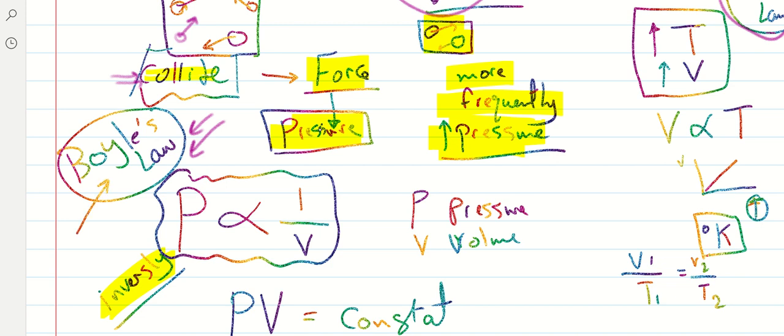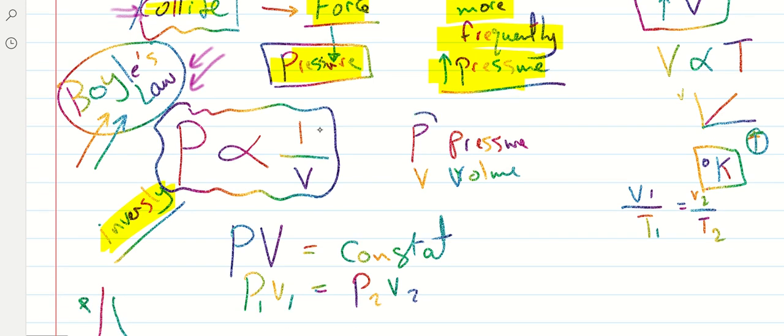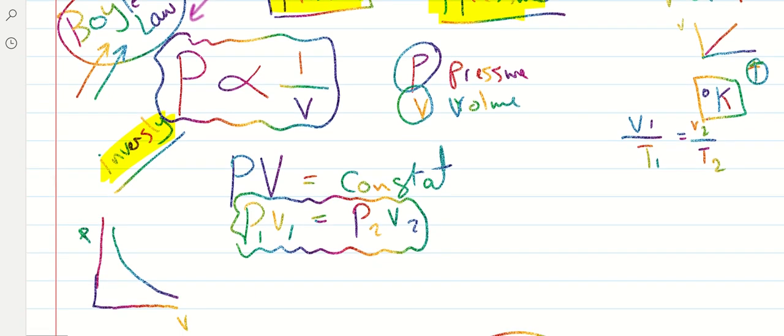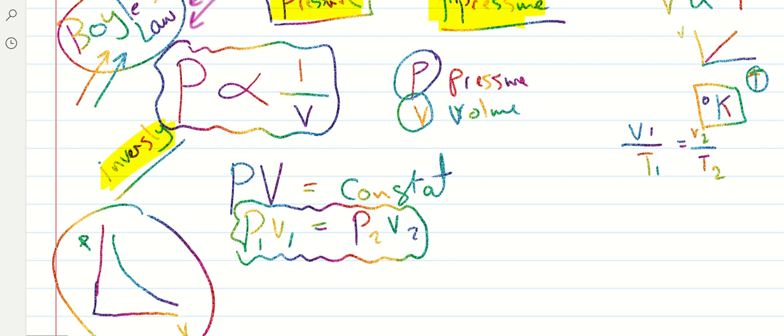And that is called Boyle's law. P multiplied by V equals a constant. P represents pressure, V represents volume. So P1 V1 equals P2 V2. Okay, excellent. This is the law. And this is how to represent it graphically, because they are inversely proportional.